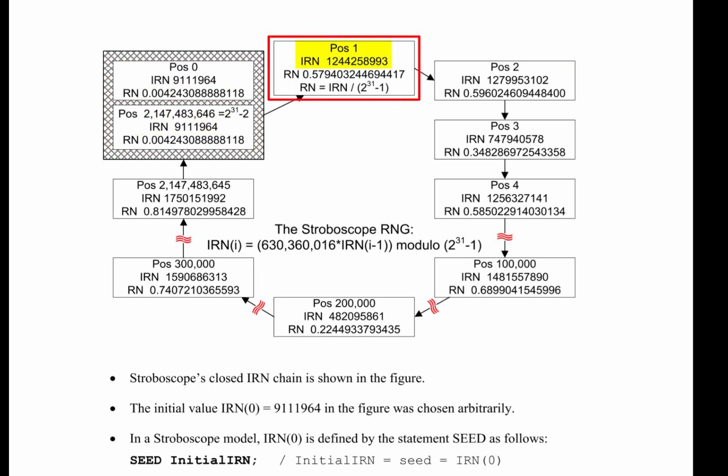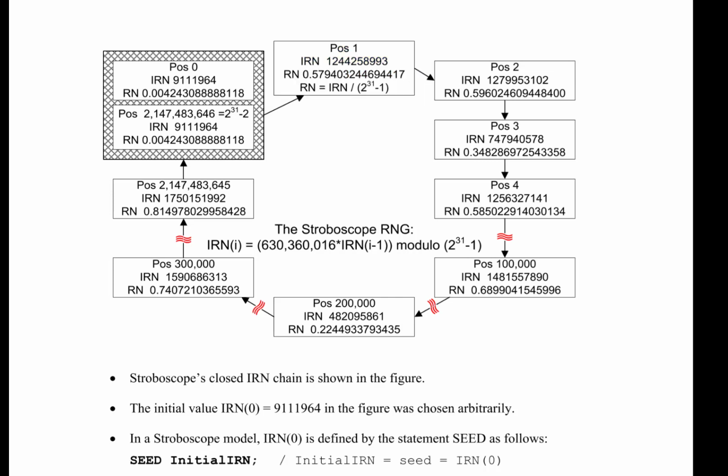Each box shows the integer random number that corresponds to that ring in the random number chain, and also shows the corresponding random number in the range from 0 to 1. The random number in the range from 0 to 1 is found by taking the integer random number and dividing it by 2 to the 31 minus 1.